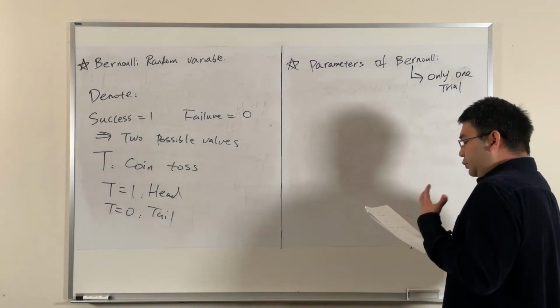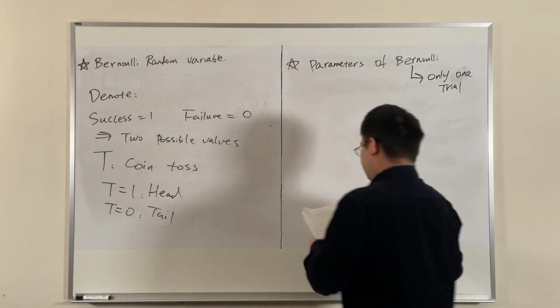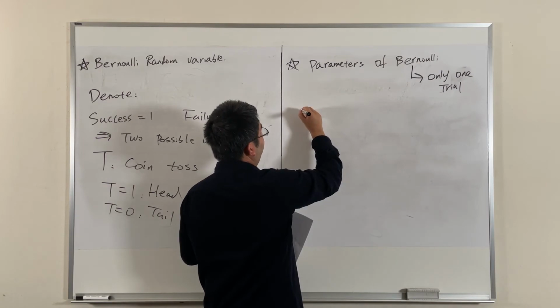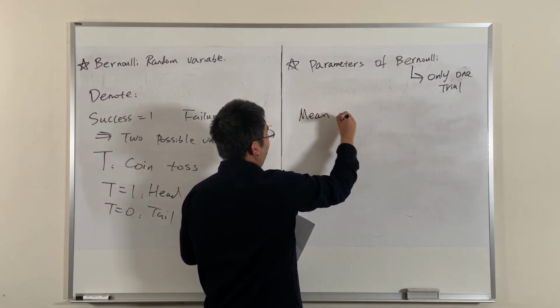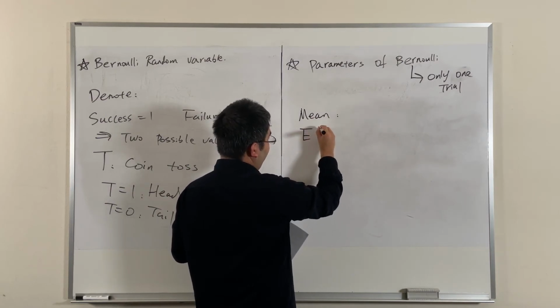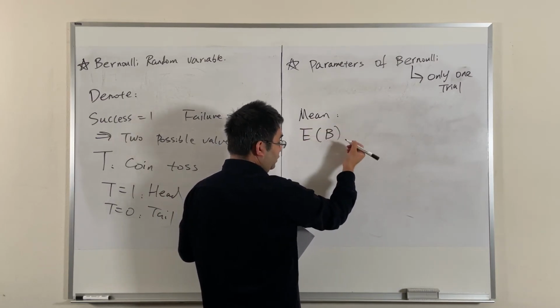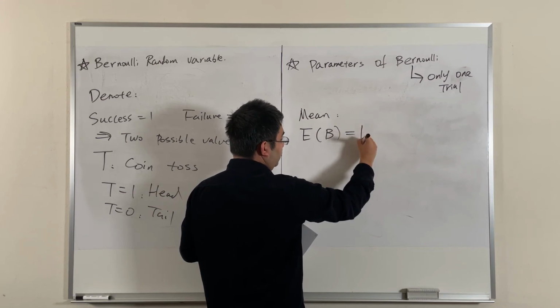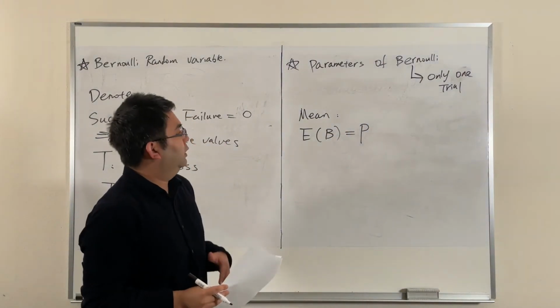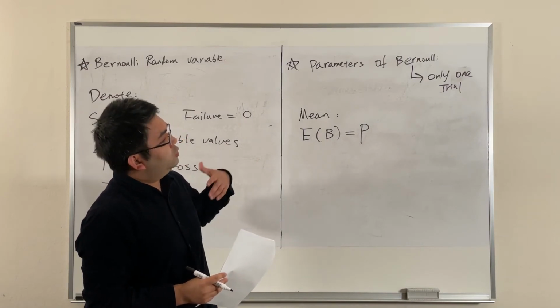So what are the parameters of Bernoulli? First, we want to get the mean, or expected value. The expected value of a Bernoulli distribution is just the probability of getting success, because it's just one trial.